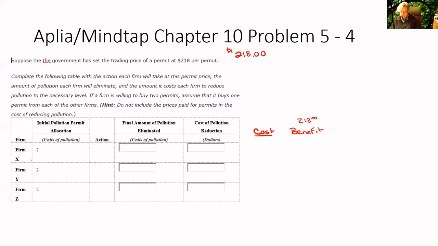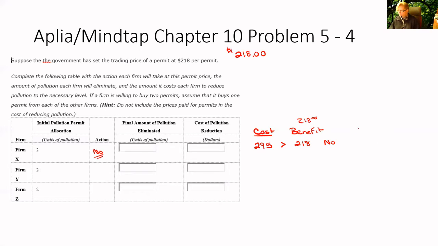X has units of pollution are 2, so that gives us a cost of 295. The benefit, meaning selling the pollution permit, 295 is greater than 218. So they are not going to sell it. They're going to say no. And so their action is no action. They're neither going to buy nor sell.